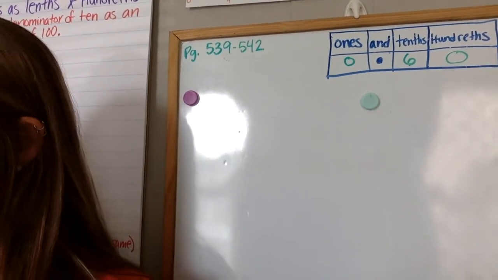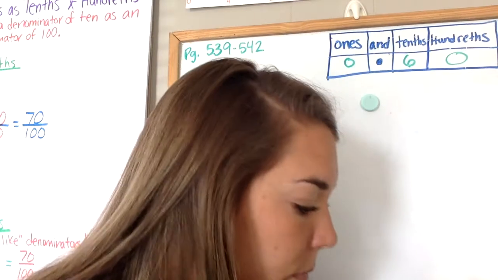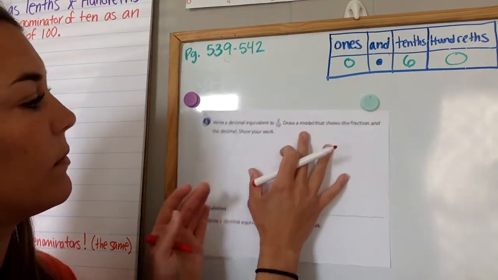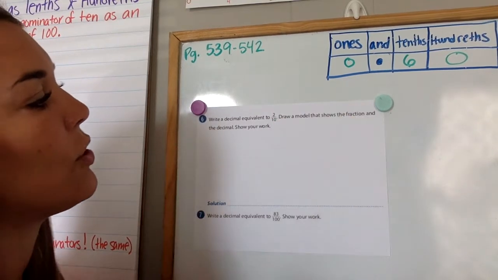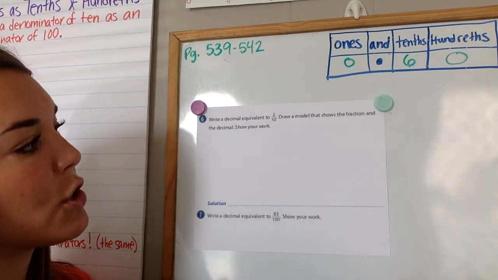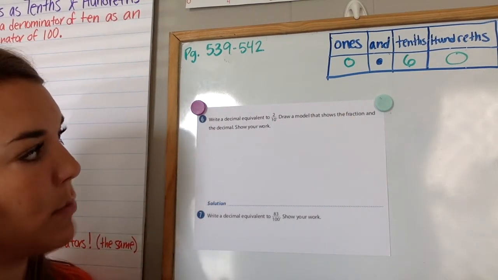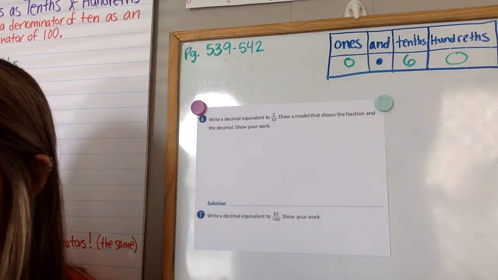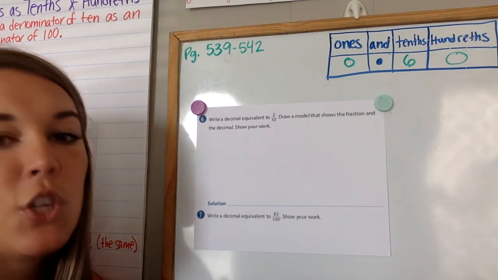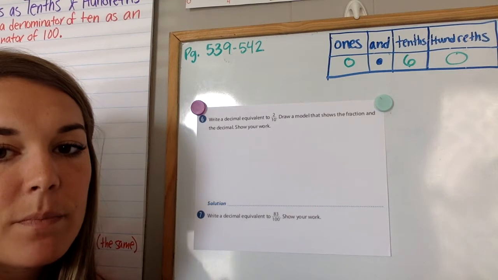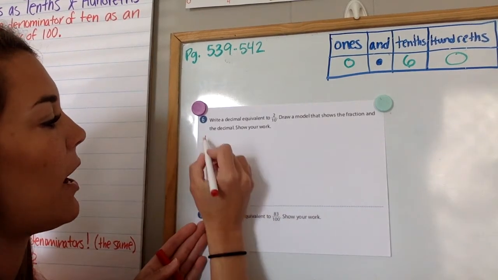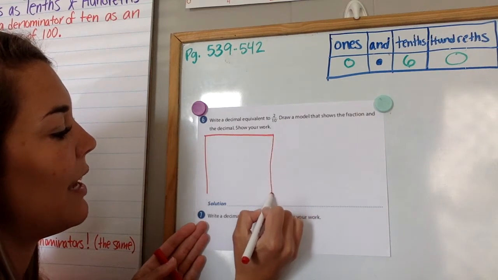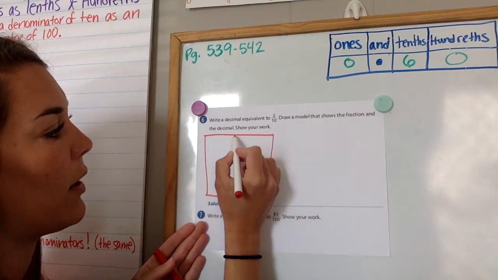Moving on to page 542. Let's look at number 6. Write a decimal equivalent to 2 tenths. Draw the model that shows the fraction and the decimal. Show your work. So, 2 tenths. Let's first of all draw the model. In the model we need to do a big square, and we have to divide it into 10 equal parts.